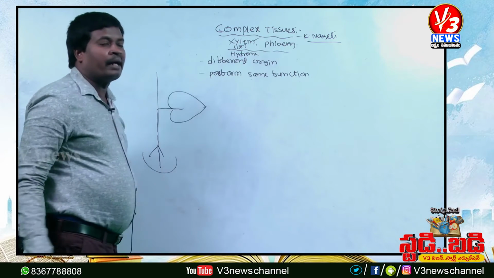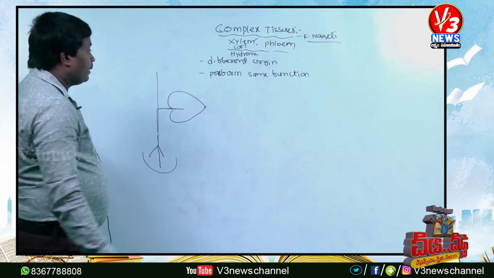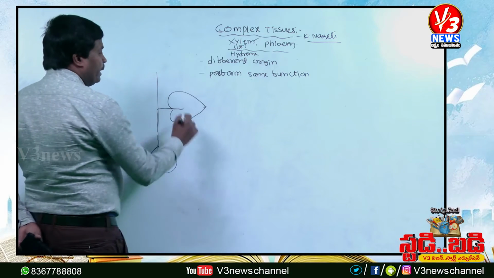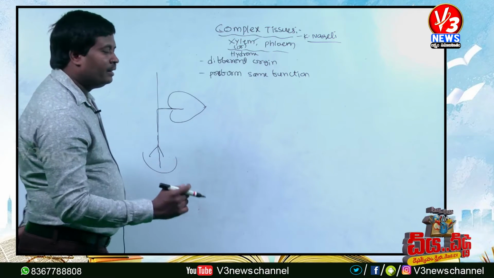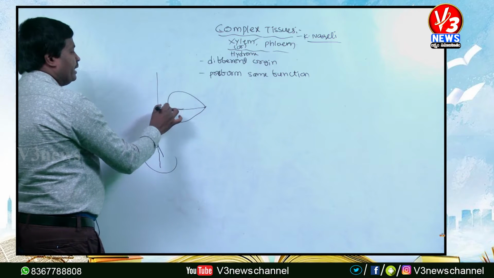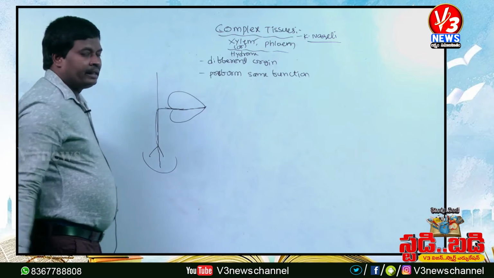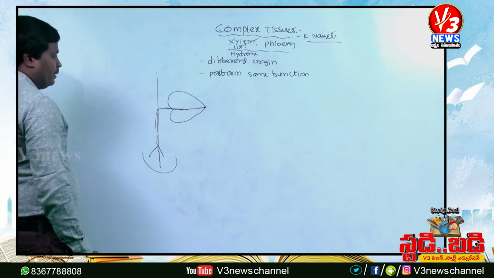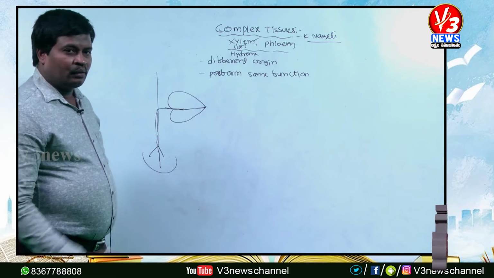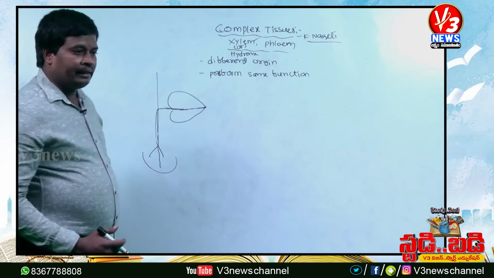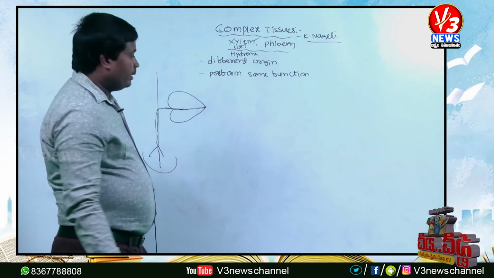What is another name of xylem? Hydrome. Next, the other complex tissue is phloem. Phloem is a food-conducting tissue. Phloem, a complex tissue, conducts food material from the leaves to the various parts of the plant body, by multi-directional transport. So, in the leaf, chloroplasts containing pigments absorb the light energy, and then synthesize the food material.